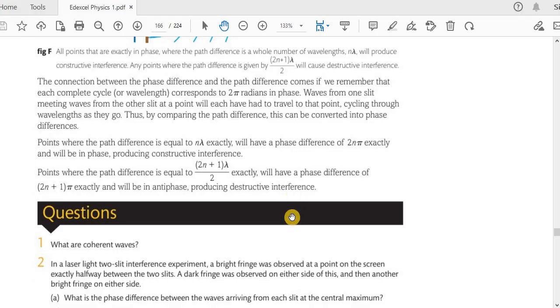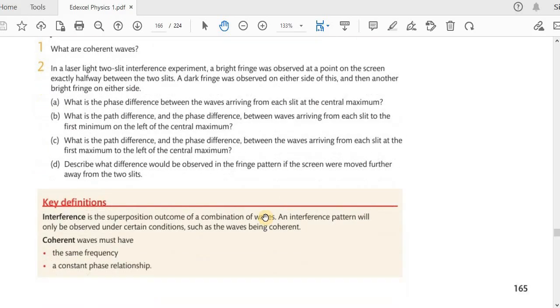Okay, so now you know about path difference and phase difference. You have learned about constructive interference, destructive interference, and how waves interfere. You learned about coherent waves. We went through these definitions.